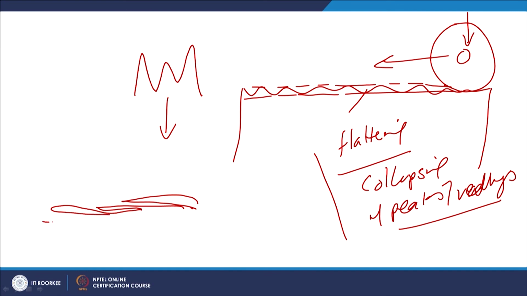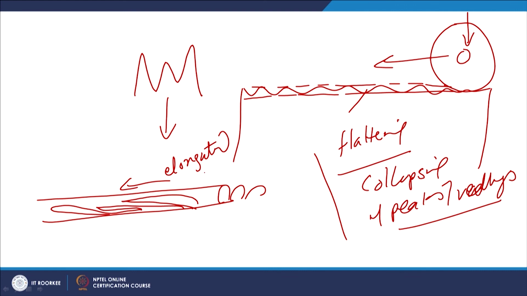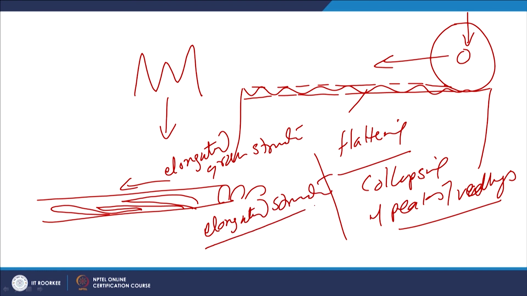The near surface layers, which had an equiaxed grain structure, will have an elongated grain structure in the direction of burnishing, and this is also a sign of the plastic deformation taking place. As a result, at the surface we get the elongated structure and also the flattened peaks and valleys.